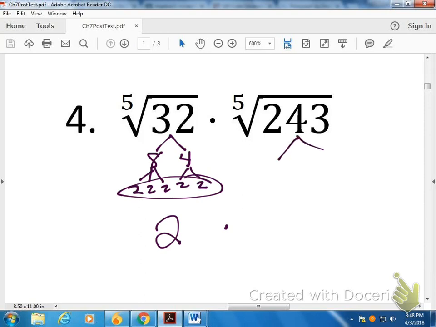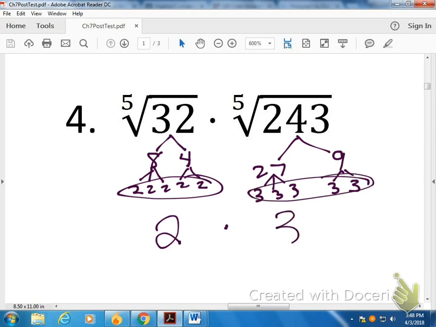And the fifth root of 243, we may not have remembered, but could have broken down into just a 3. We've got a group of 5 3s. So the ending answer is a 6. Now some of you multiplied the radicands, which is also correct, but it was a perfect fifth root that ended up being a 6.